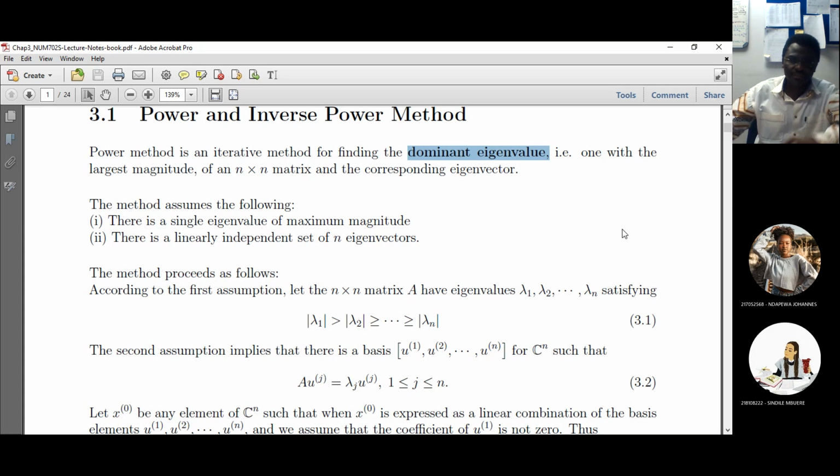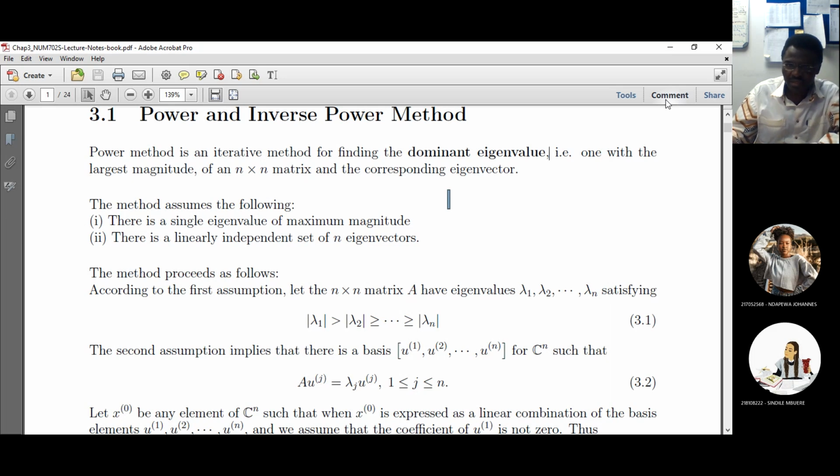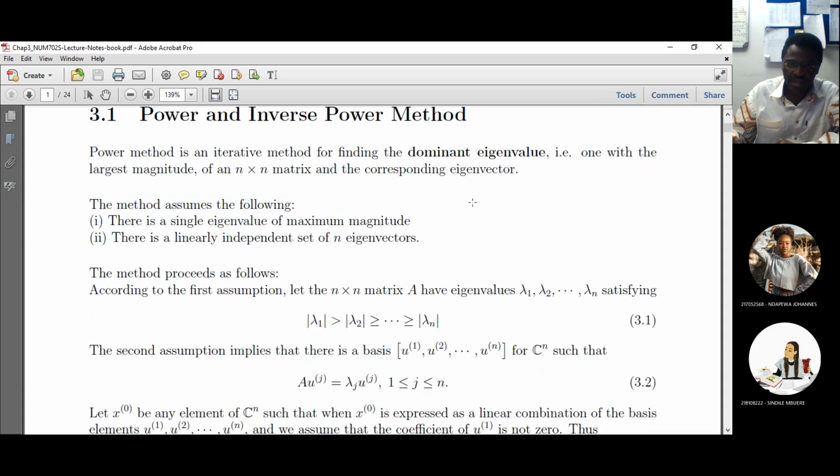For instance, I will write it here, otherwise I'll have to switch back to the previous slide, which is time consuming. So say for instance we have 3 eigenvalues.